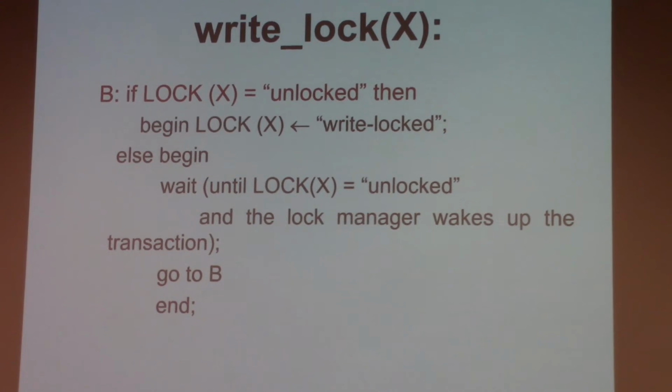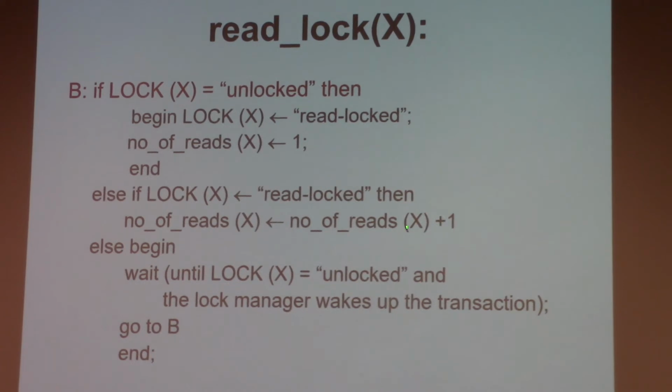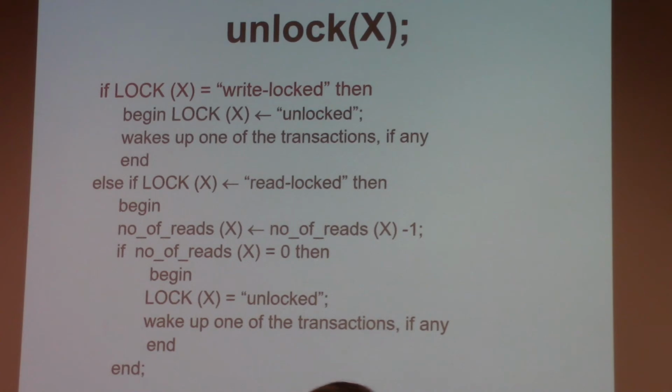The main difference between read lock and write lock is that write lock is either locked or not, but for read lock you need to manage the number of transactions. For unlock, you need to consider shared lock and exclusive lock. In the case of a shared lock, you reduce the number of transactions. In the case of an exclusive lock, write lock, you can just release the lock.